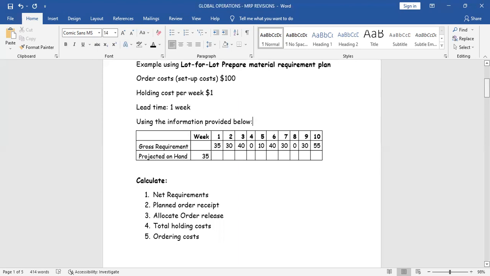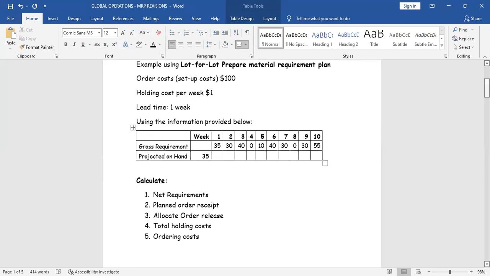Then it has gross requirement for week 1 all the way up to week 10. Then projected on hand, meaning what we are projecting to be the opening inventory. As you can see, this opening inventory is not pointing to any week, meaning it will be the opening inventory for week 1, coming from the previous periods.